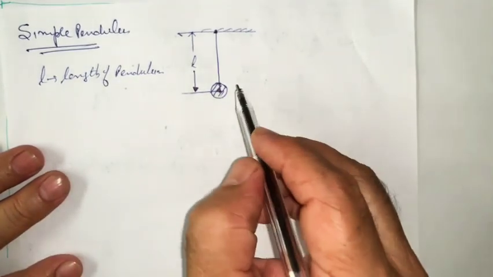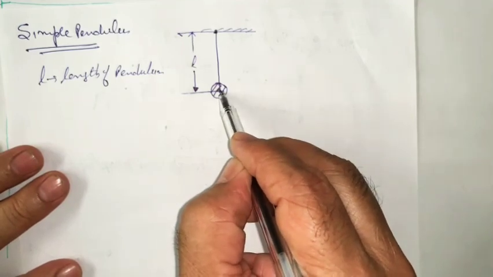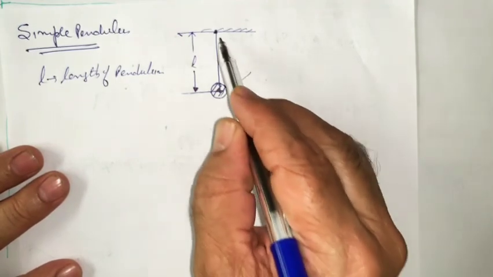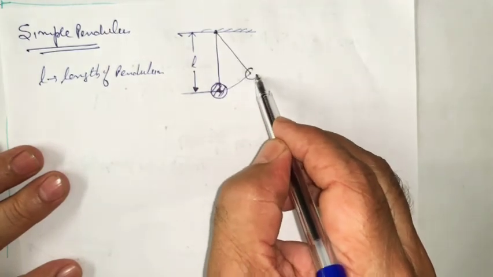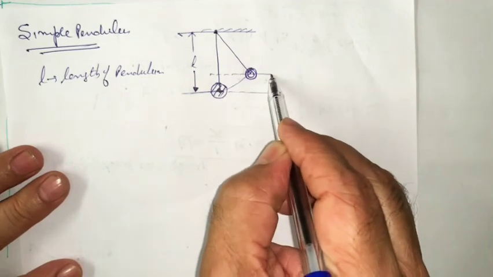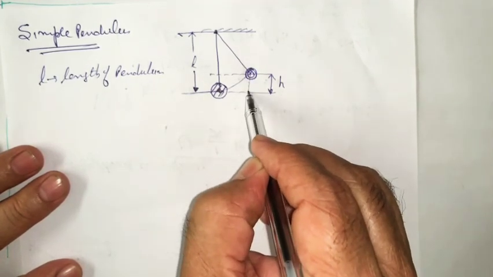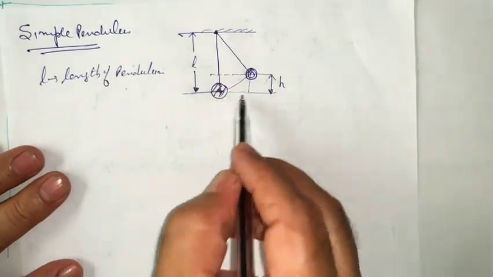Now, suppose a pendulum is raised by some height, say h, from the bottom.